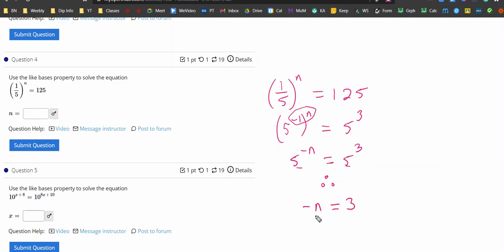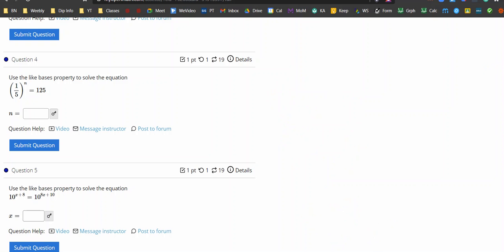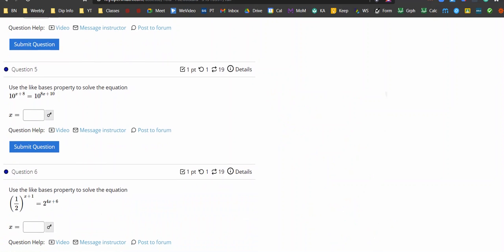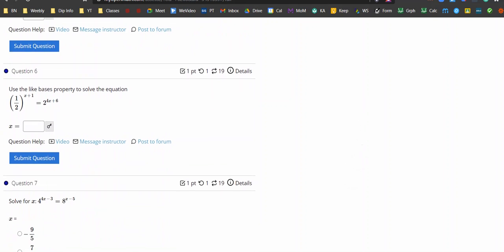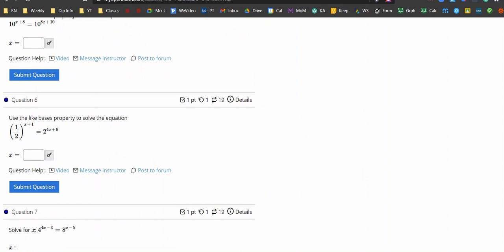In this case, this is really like negative 1, so if I divide both sides by negative 1, then I get n is equal to negative 3. All right, that one's pretty set up for you. I'm going to let you guys give that one a go. Well, yeah, I'll do the next one. Next one will be a bit more involved, with similar concepts.